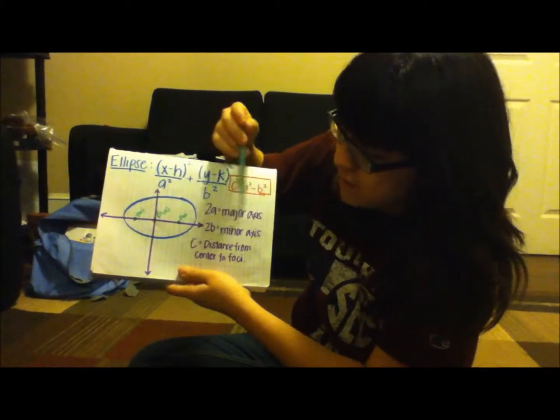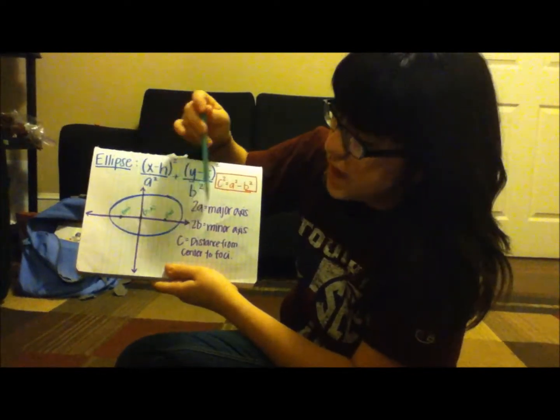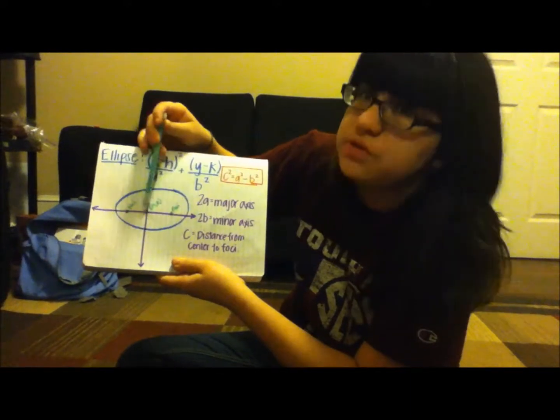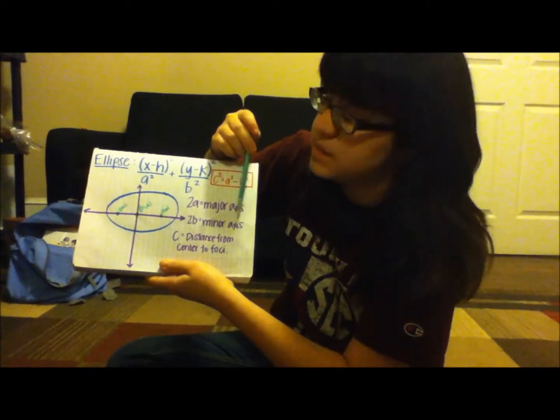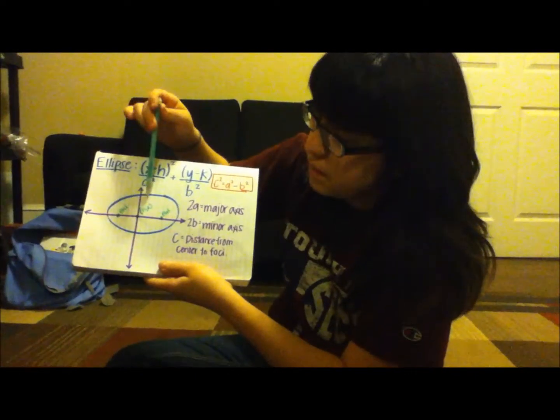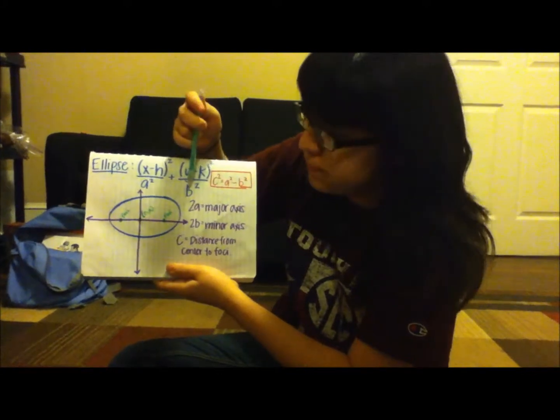So in this case, the major axis would be the x-axis, and if you wanted to get a, you would just divide this distance by 2. The same thing goes with b, only b is the minor axis, meaning it's the shorter length, and again, if you want to get b, you just divide the distance by 2.